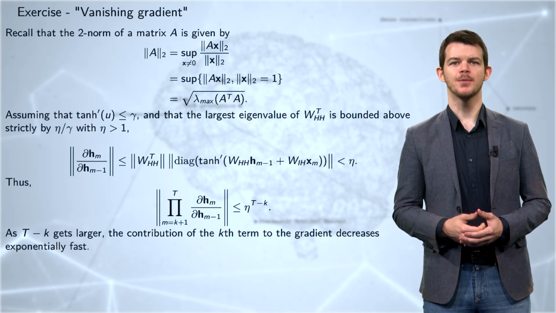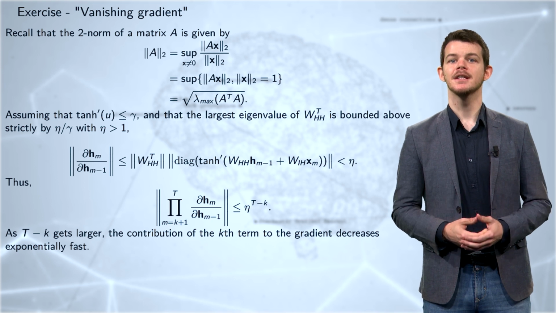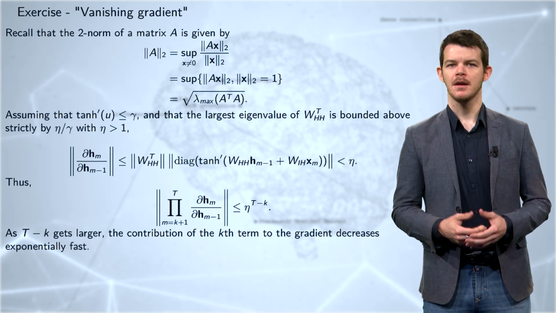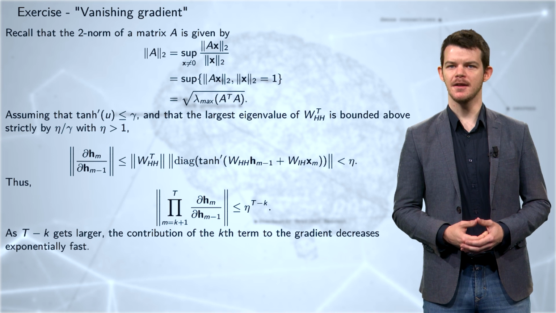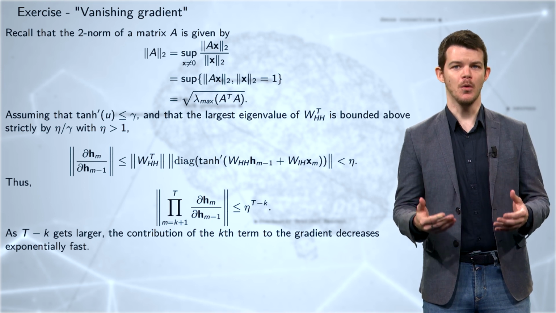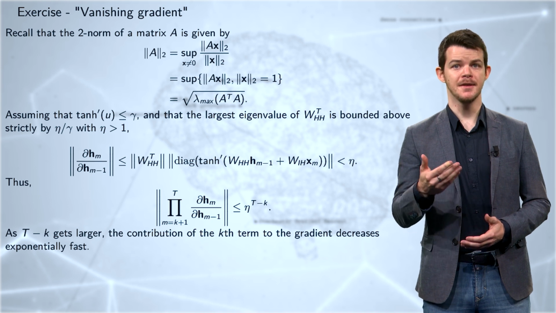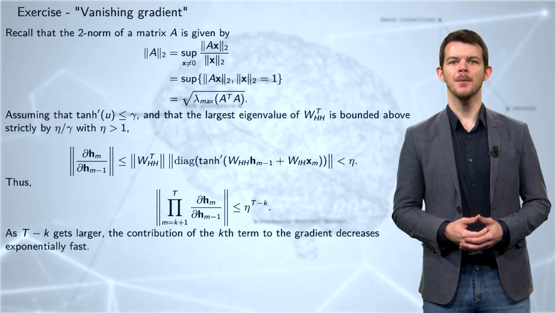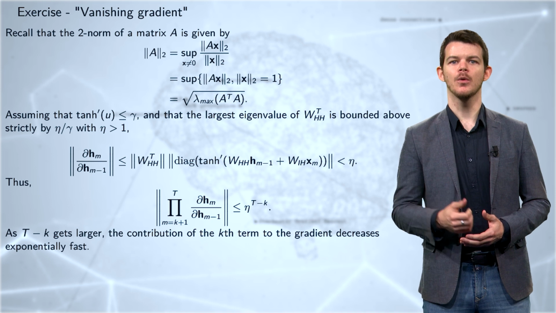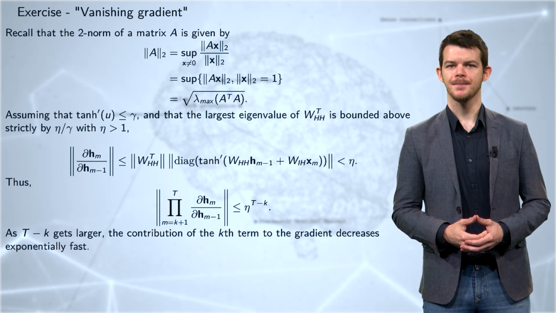In turn, the product of the norm of the gradients is smaller than eta power t minus k. You see that when t minus k is large, that is when k is small, this term is close to 0. It means that this term, which appears in the backpropagation equation, is really small for small values of k.